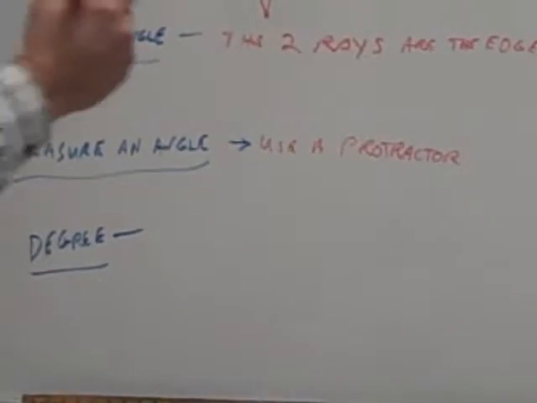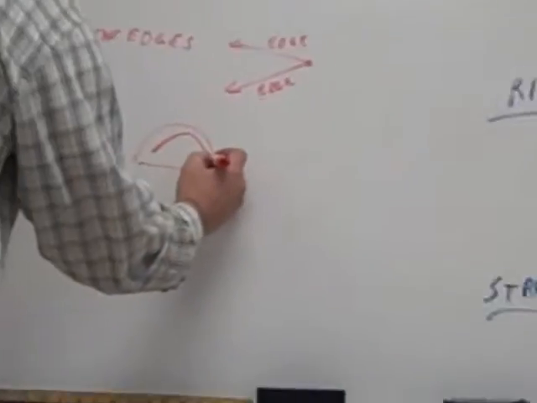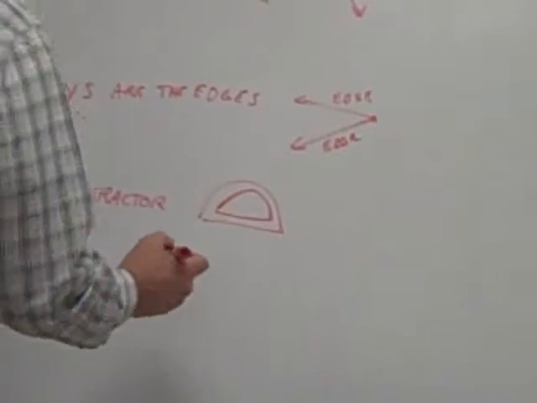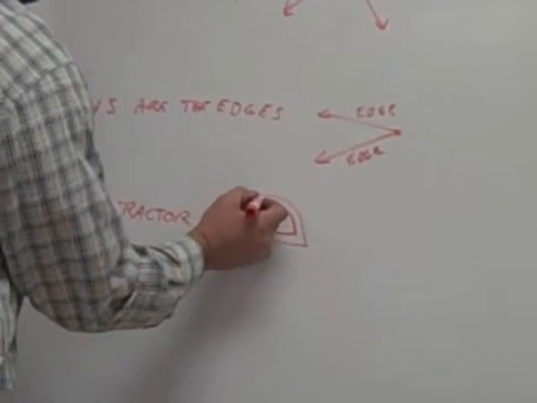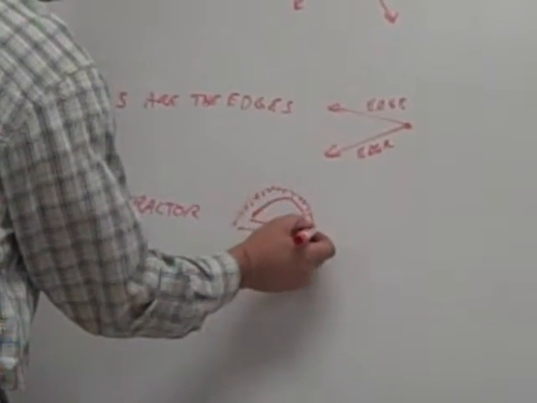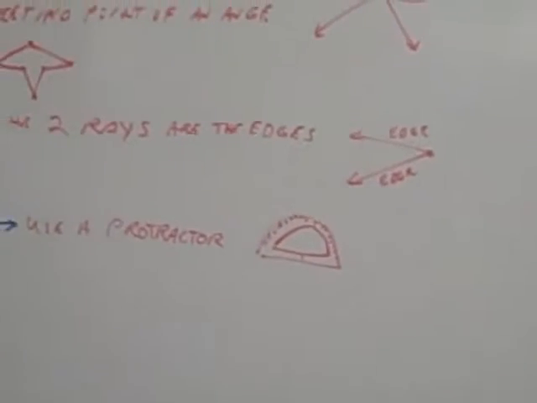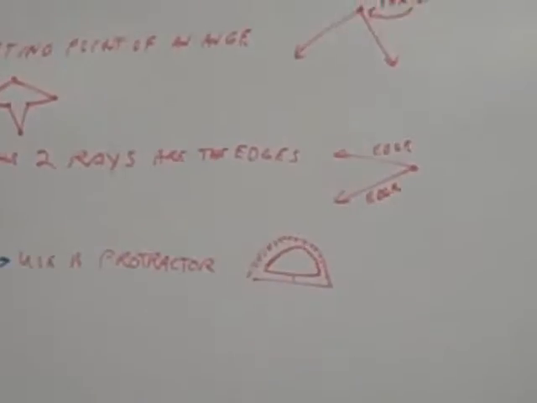I want you to draw just a quick freehand picture of one to put in your notes so you'll know what we're talking about. A protractor.